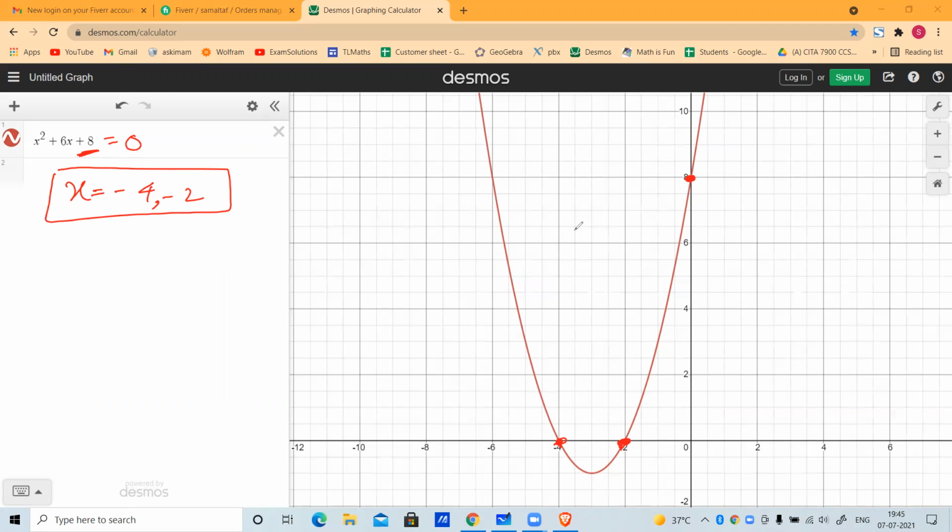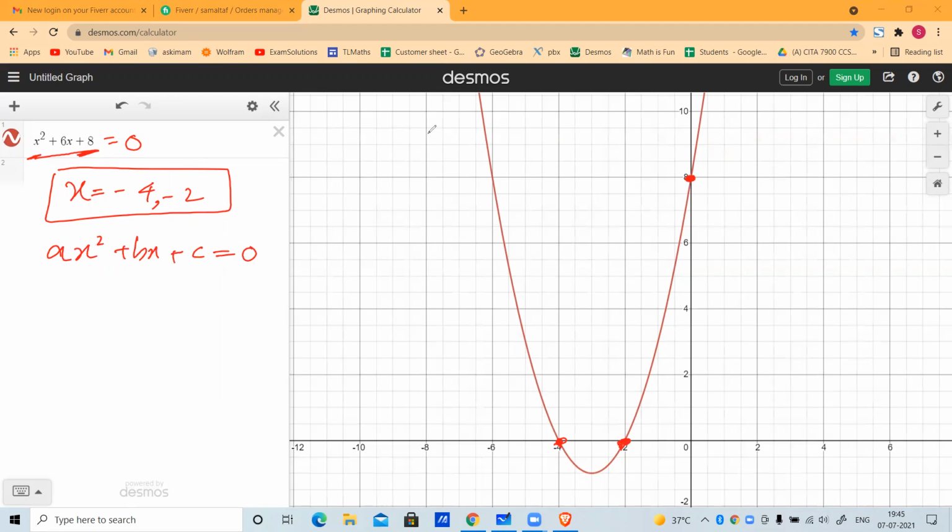Yes. So you can understand what's happening practically. If this is x squared plus 6x plus 8, this is a parabola, because every time you have an x squared term, of the form ax squared plus bx plus c, you will always get a parabola.